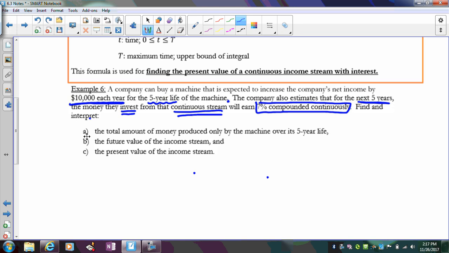So if we look at the first part, it says find the total amount of money produced only by the machine over its 5-year life. So that means no interest. They didn't invest it. So this situation, part A, is going to be continuous money flow without interest.